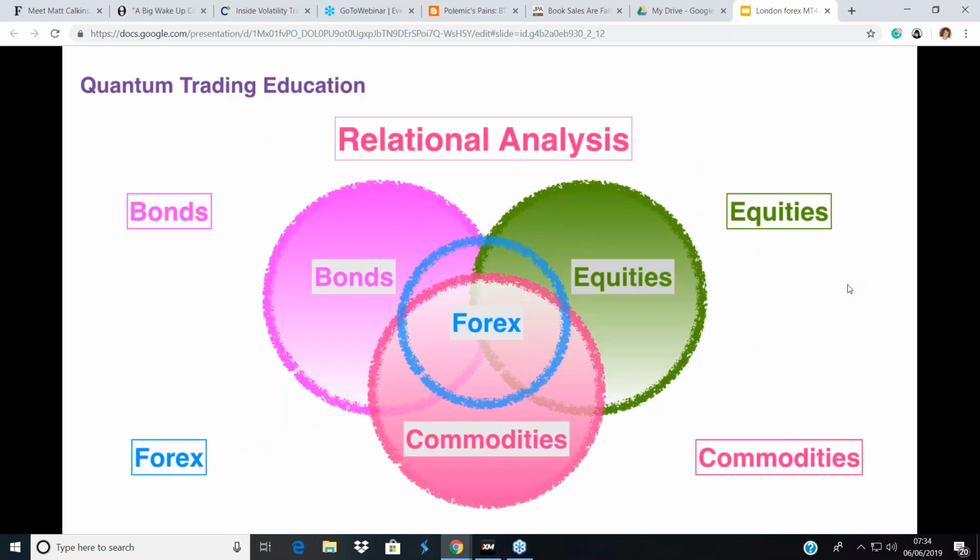And all this is actually covered in even greater detail in our Forex program. This is a slide from one of the thousands of slides on the program, and you can see all these markets are interrelated. Forex is very much sitting at the center. It's the market that reacts the fastest to sentiment.